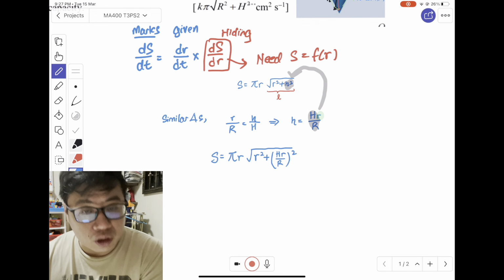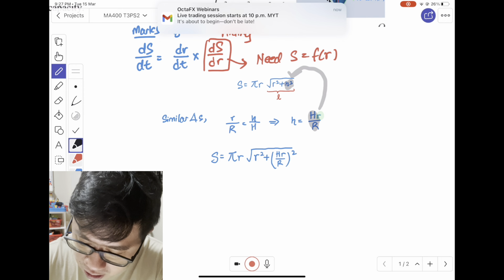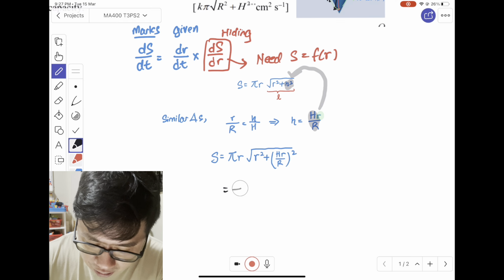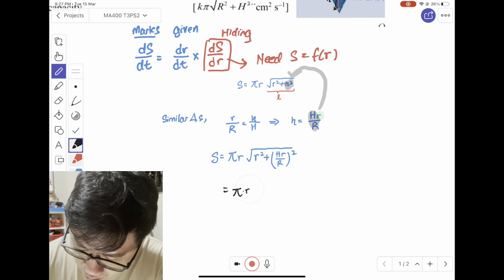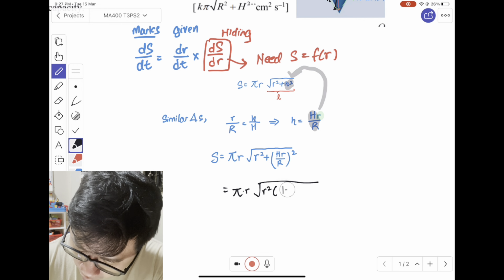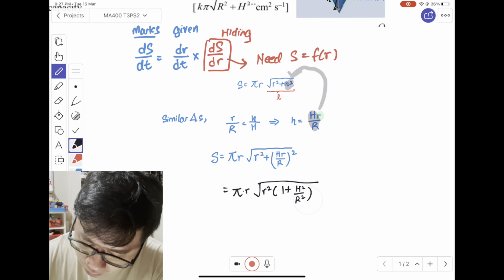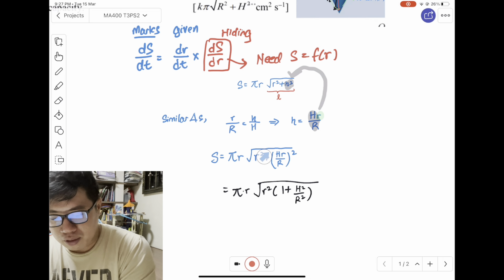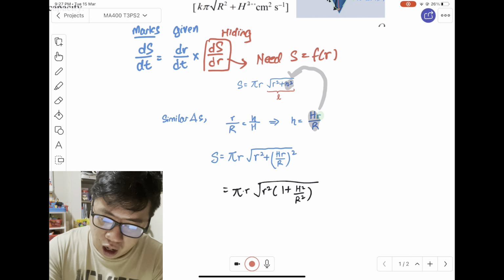Now if I were to differentiate this, the next part is I can actually simplify this further so that it doesn't look so challenging when we differentiate it, right? So this is pi r times the square root of r squared multiplied by 1 plus H squared over R squared. What I did is I took out the r squared and factorized it, and this r squared again can be brought out of the square root sign.